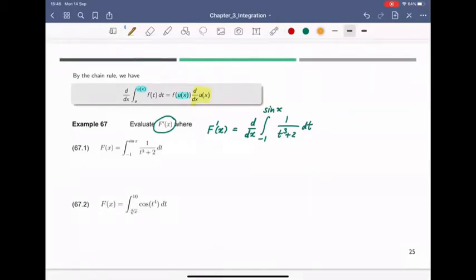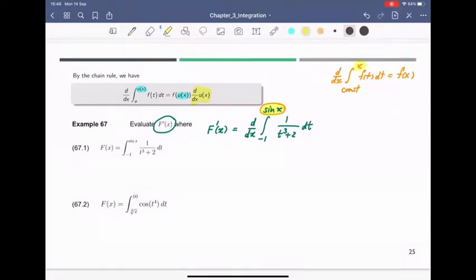The only problem is sin x here, because the fundamental theorem of calculus says that d by dx of the integral from any constant to x of f(t) dt, you get back f(x), right? Well, here I don't have x on the top, but I have sin x.